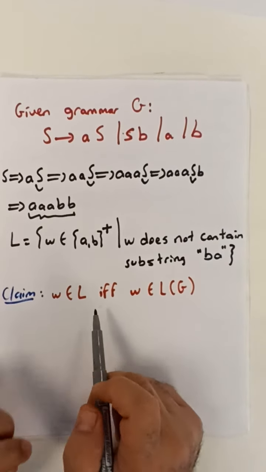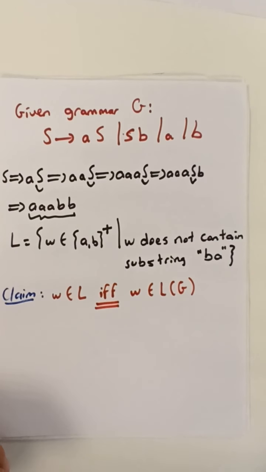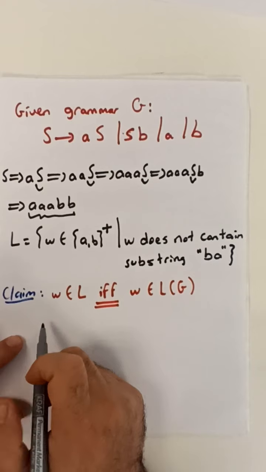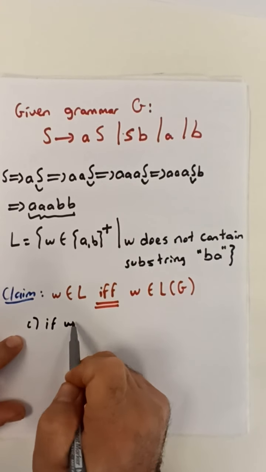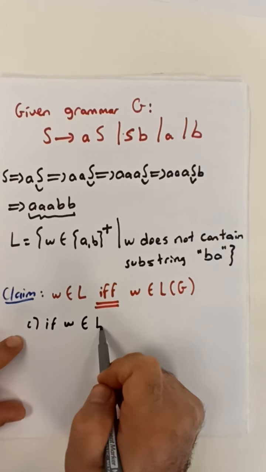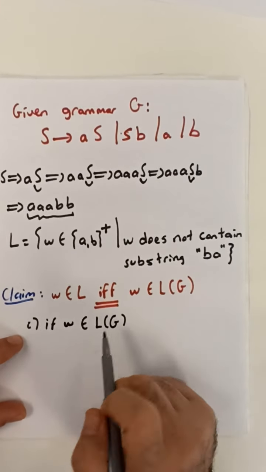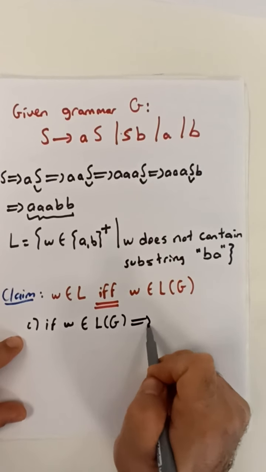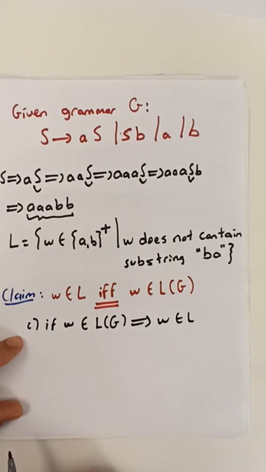And remember that for such claims, since we have an if and only if claim, we have two directions to prove. One of them is if W is inside the language generated by this grammar, if W belongs to L of G, then W also belongs to this language.